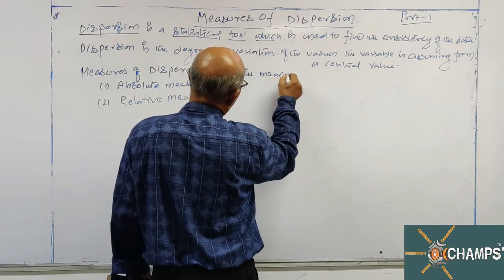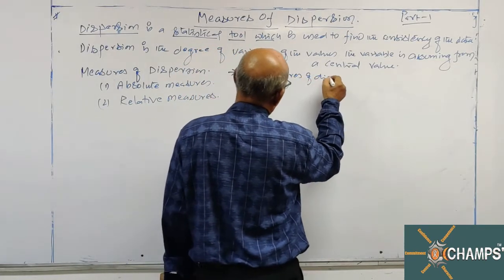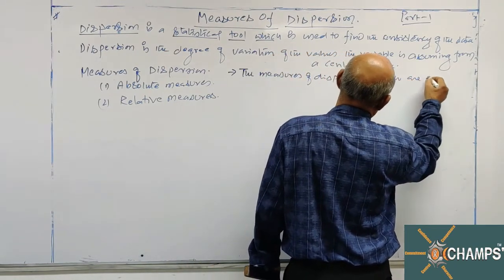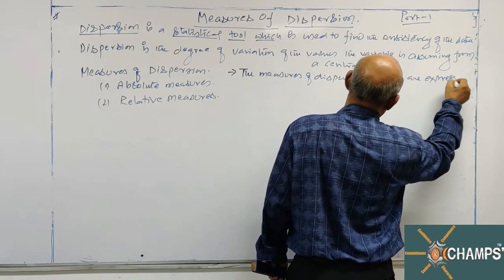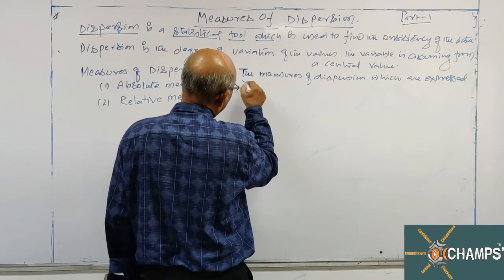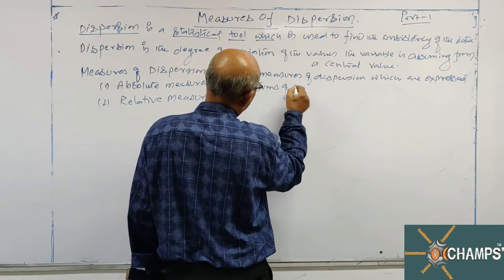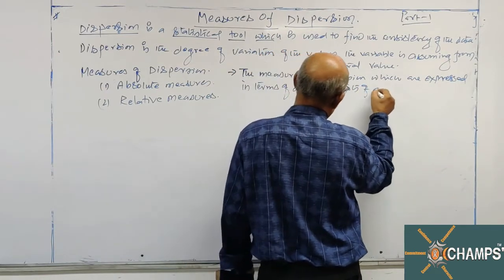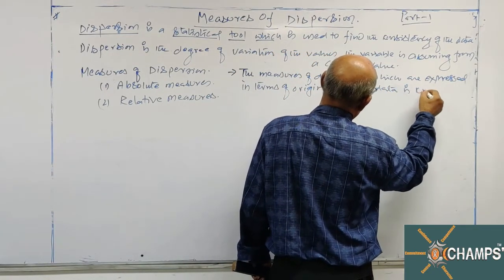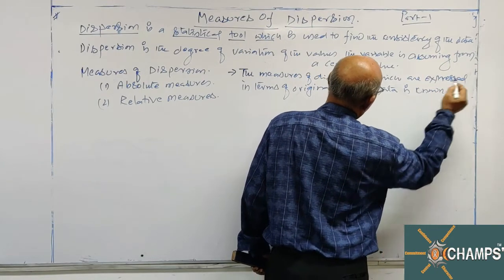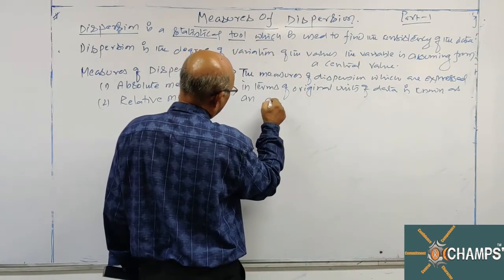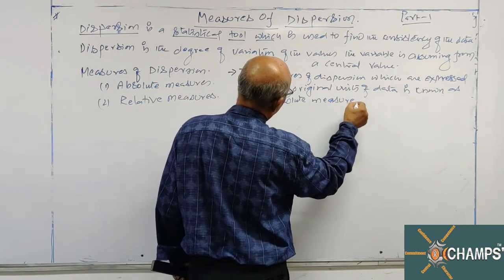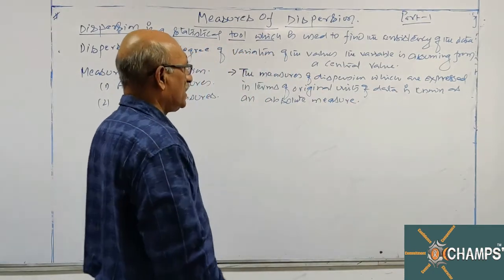The measures of dispersion which are expressed in terms of original units of data is known as an absolute measure.